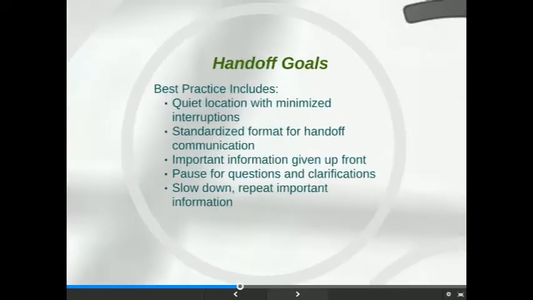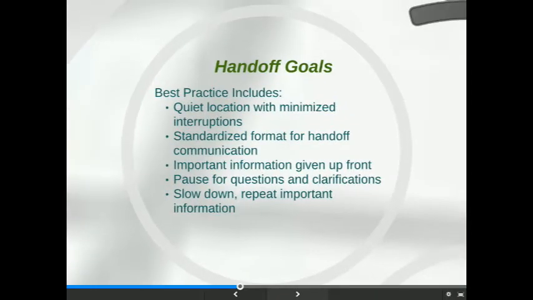There are several best practice handoff goals. These include a quiet location with minimized interruptions, standardized format for handoff communication, important information given up front, pause for clarifications and/or questions, slow down, repeat important information.